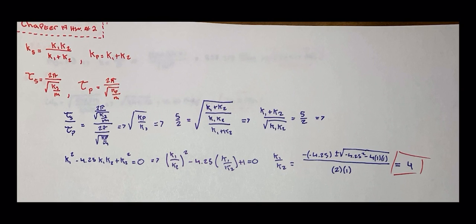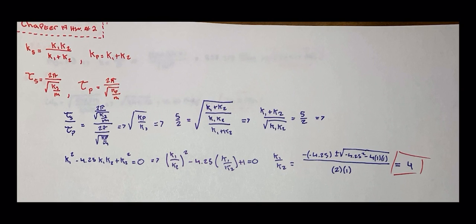We know the period in series is 2 pi over the square root of Ks over m, and the period in parallel is 2 pi over the square root of Kp over m. If we take the series period over the parallel period, we'll end up with that is equal to the square root of Kp over Ks.